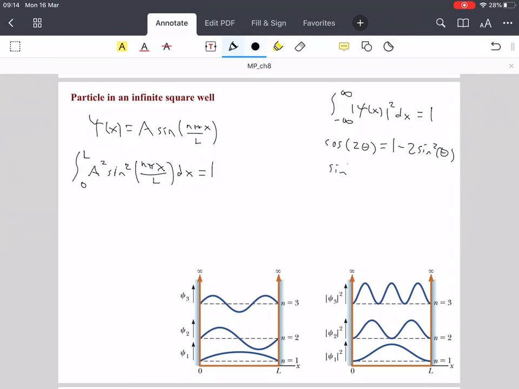So in other words, sine squared theta is equal to 1 minus cosine of 2 theta, all divided by 2, where theta is equal to this argument, n pi x over L.